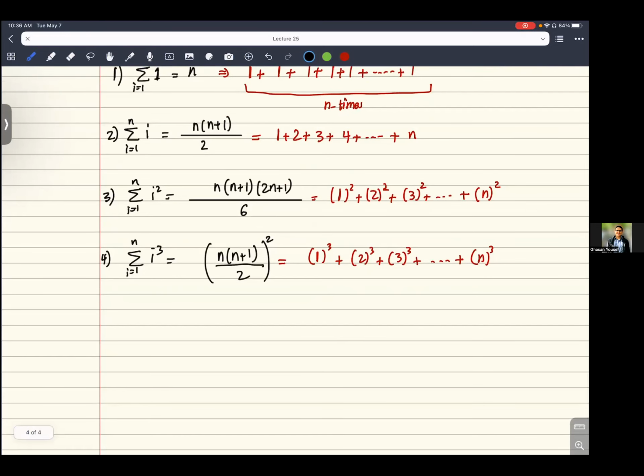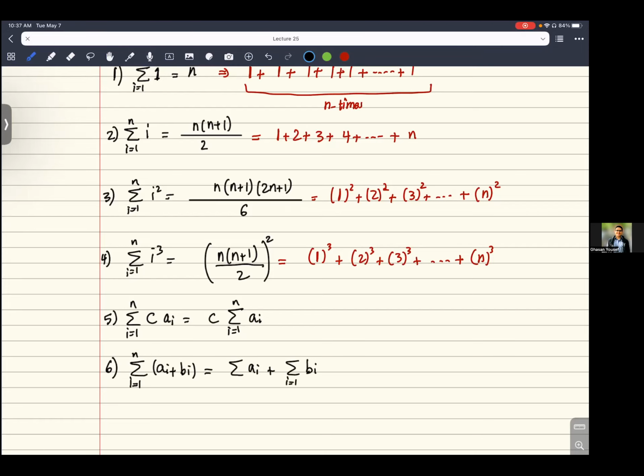Okay, number 5, the sum of a constant c times ai, i equals 1 to n, is the same as c, I can take it outside, times the sum of ai from i equals 1 to n. Number 6, the sum of ai plus bi, i from 1 to n, is the same as the sum of the first one plus the sum of the second one.